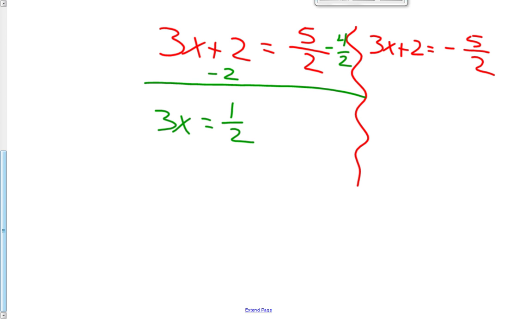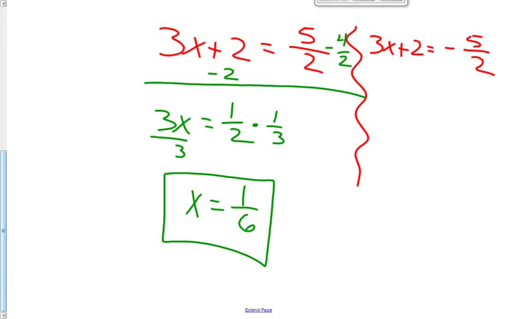And then we have to divide both sides by 3. And when you divide both sides by 3, that's the same as multiplying by the reciprocal. So dividing by 3 is the same thing as multiplying by a third. So x equals 1/6. That is one of your answers.